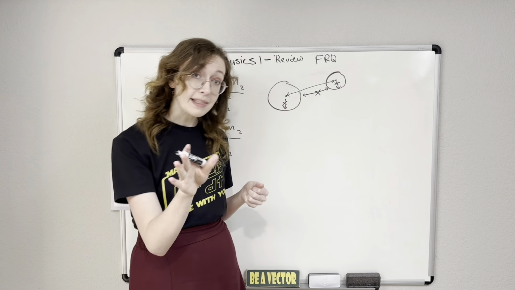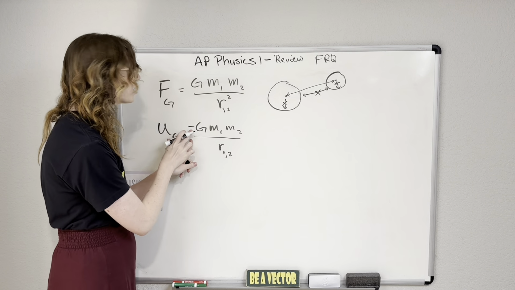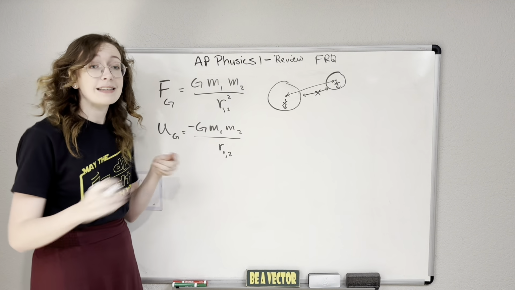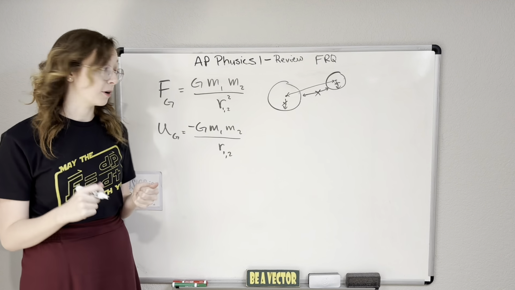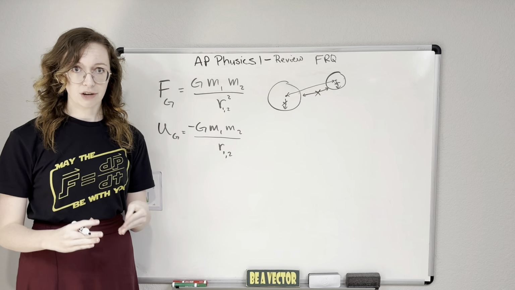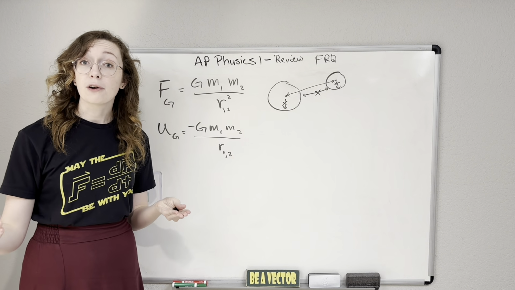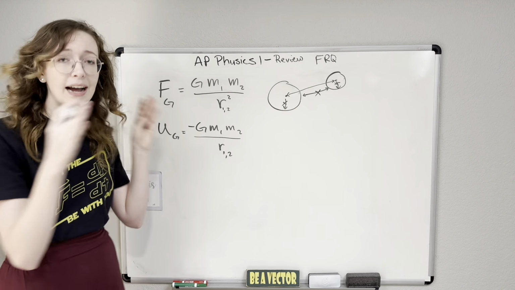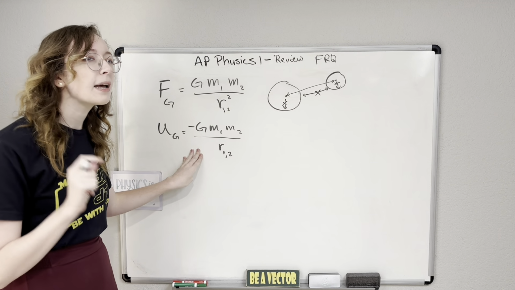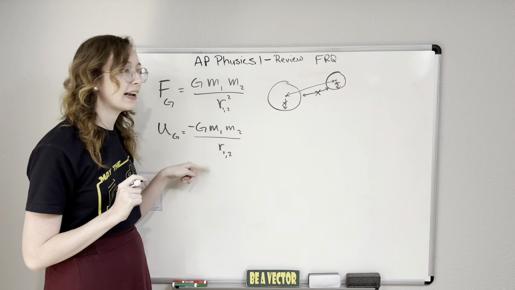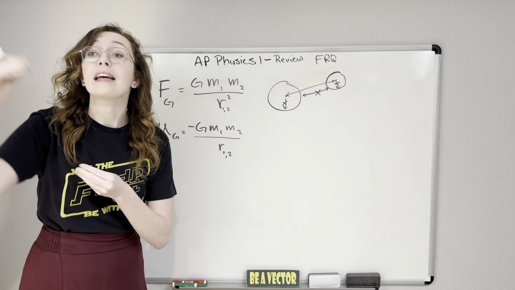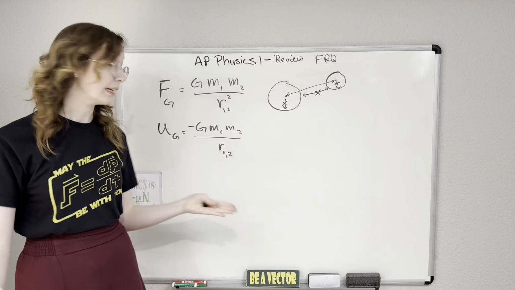I don't plan on doing that anytime soon, but that's why this is negative, because in order to escape, in order to get out of this little potential energy trap that we're in, we need to bring in energy from the outside. As you go farther along in physics, you'll start talking about things like potential energy wells and all kinds of things like that, and you'll get pretty comfortable with the idea of negative energy. But for now, just know it's called this because we have to bring in energy from the outside in order to leave.